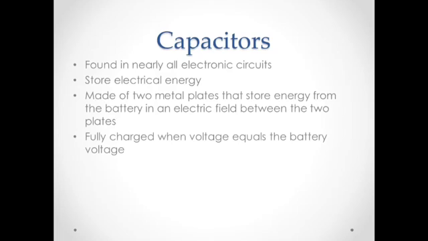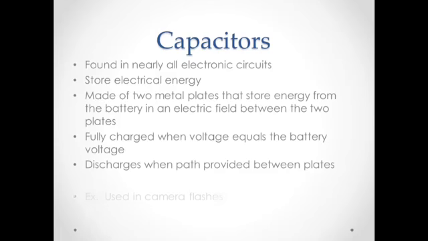So a fully charged capacitor has the same amount of voltage as the battery does whenever it's reached its maximum charge, and it discharges, so it goes from one plate to the other when there's some sort of path provided between the two plates.